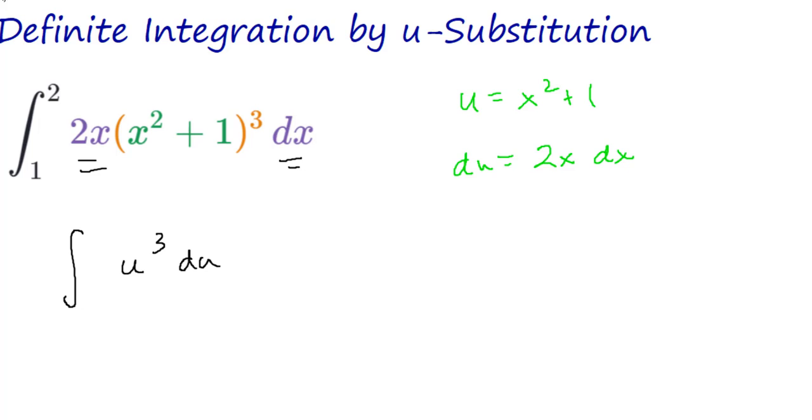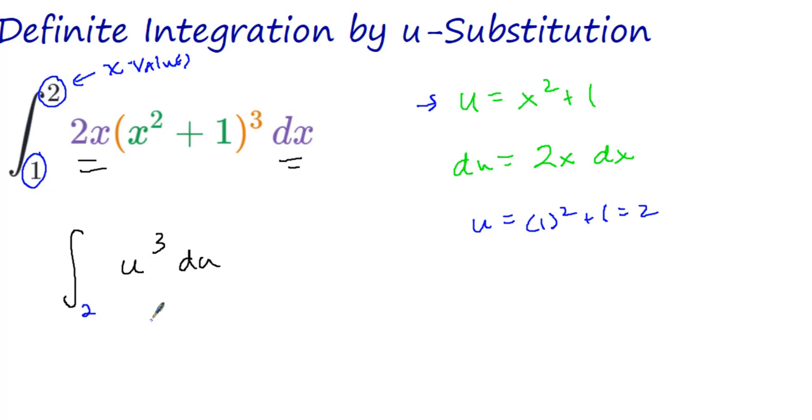So we will be able to do this integration with respect to u. Now the difference, the caveat, is this function is being evaluated from 1 to 2, but these are x values, aren't they? And when we do our definite integration, we need these to be in terms of u, not x. And so we need to plug them into my original u equation. So u is equal to, the lower limit is 1, so 1 squared plus 1, which is equal to 2.